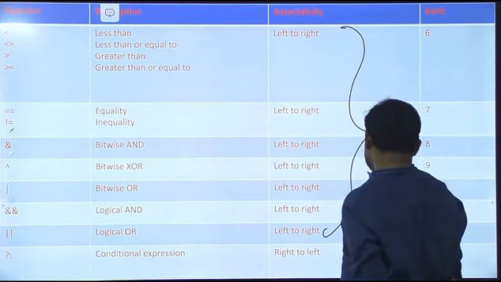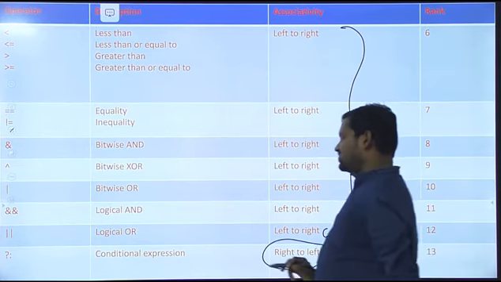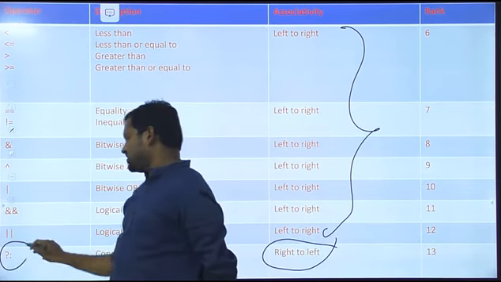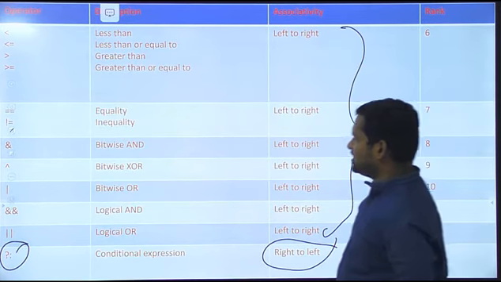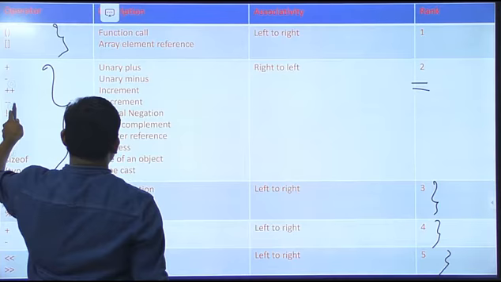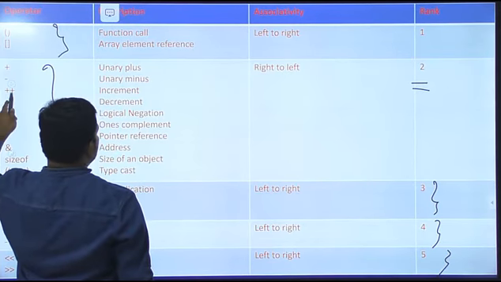But the conditional operator has right to left associativity.